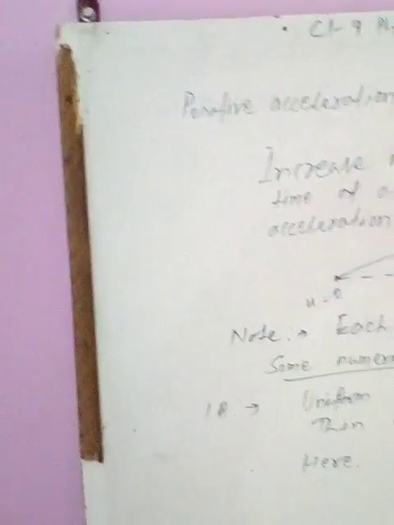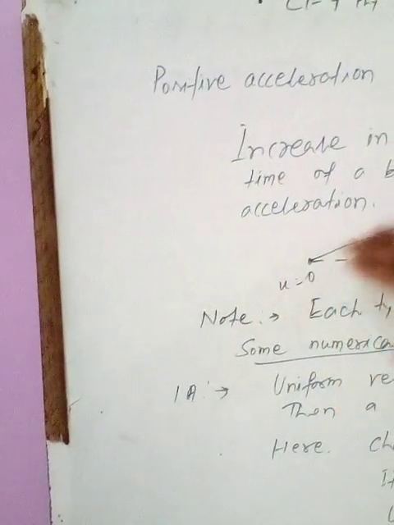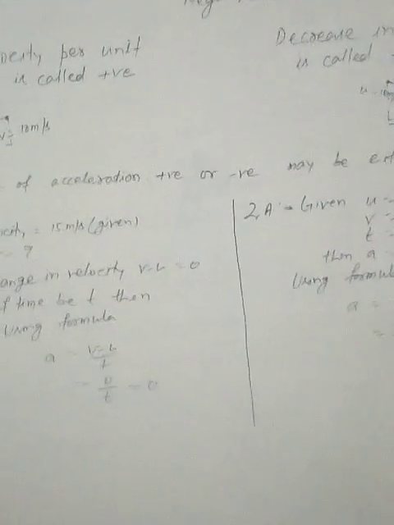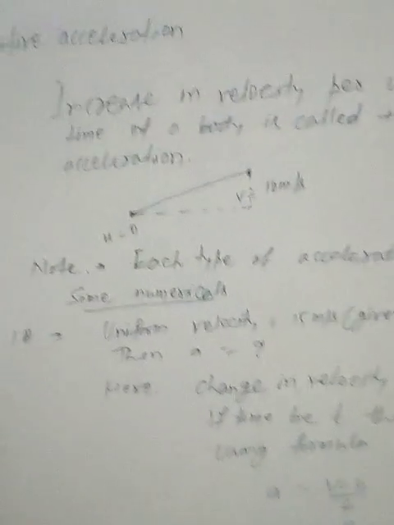Whatever acceleration is, if positive acceleration, the body is increasing its velocity, and the way of increasing its velocity may be uniform or non-uniform. So positive acceleration may sometimes be uniform, sometimes non-uniform.